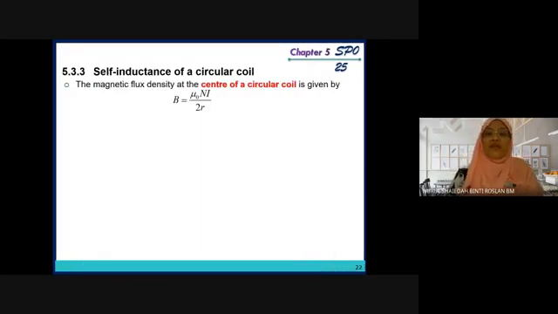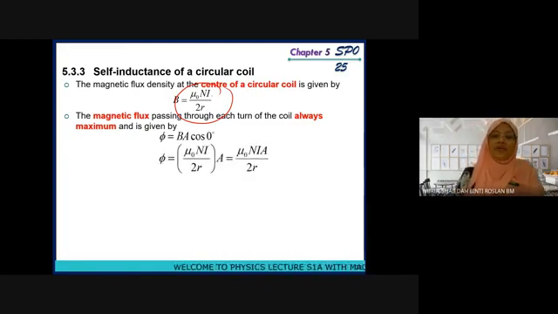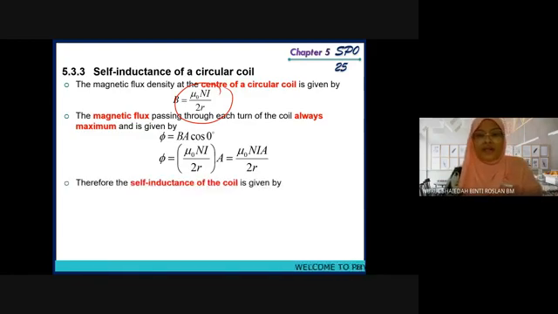Okay, we know the formula for a circular coil. I think many have done the assignment. So you know the formula B equals mu naught Ni over 2R. When there is magnetic flux through a coil, what happens? Magnetic flux equals BA cos theta, because it's always maximum. So from here, substitute this B: mu naught Ni over 2R times A. So you get mu naught NIA over 2R.